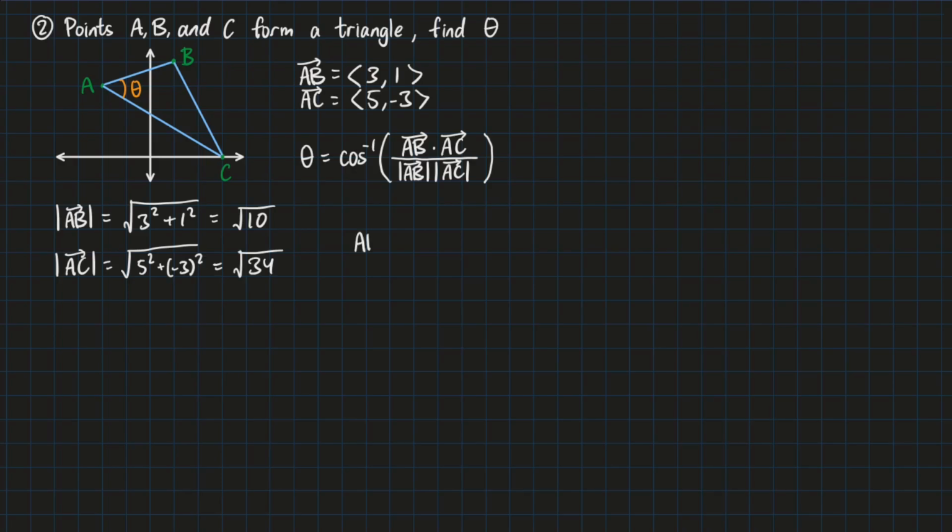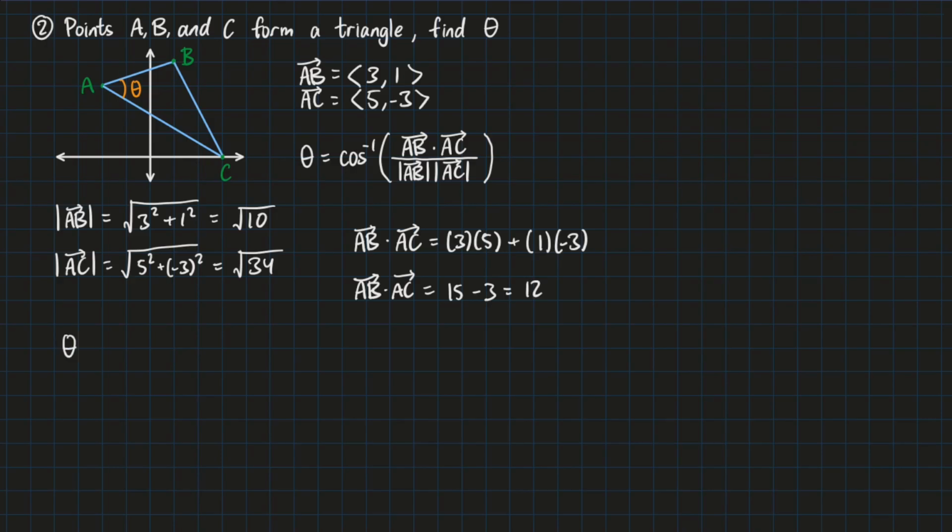Vector AB dot vector AC equals, we're going to multiply the x component from AB and the x component from AC. So there's 3 times 5 plus the y component from AB times the y component from AC, 1 times negative 3. So AB dot AC equals 15 minus 3, or 12.